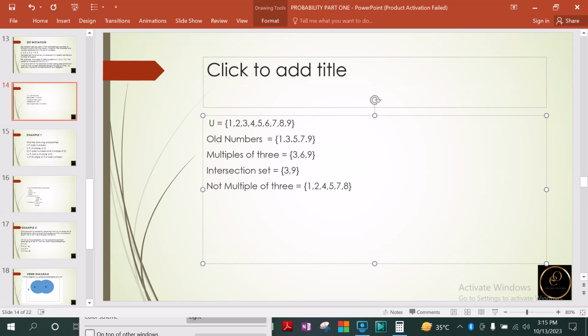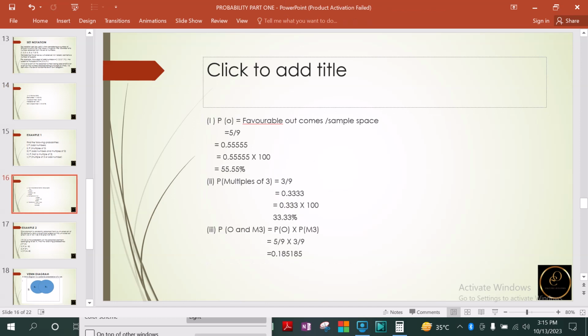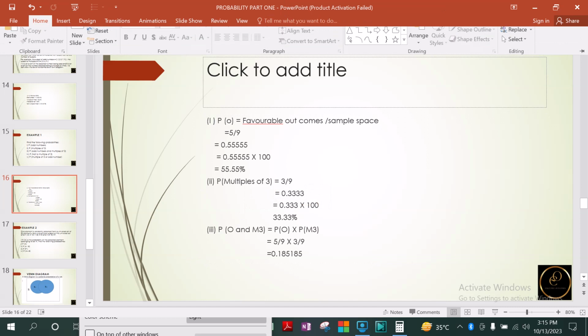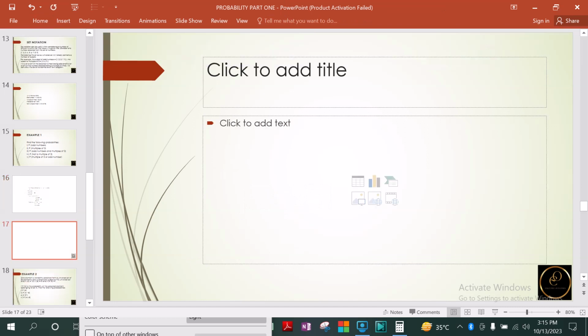So the cardinality of this set is 6 out of the cardinality of the universal set, which is 9. So the probability of not multiples of 3 will be 6 out of 9. We come here. Maybe we look at this new slide. We can start with a new slide.